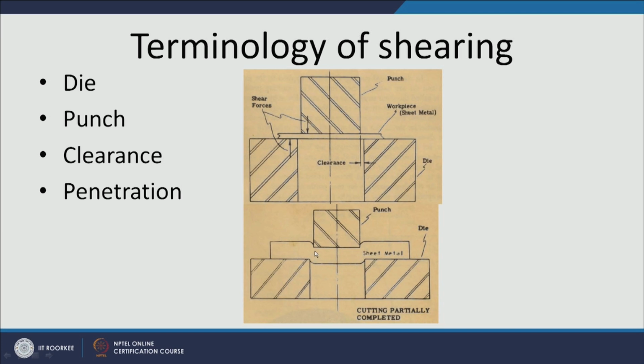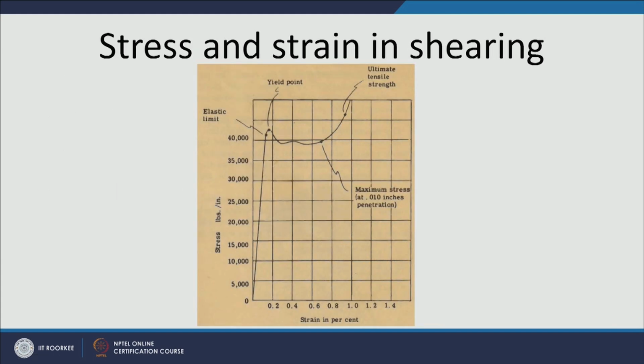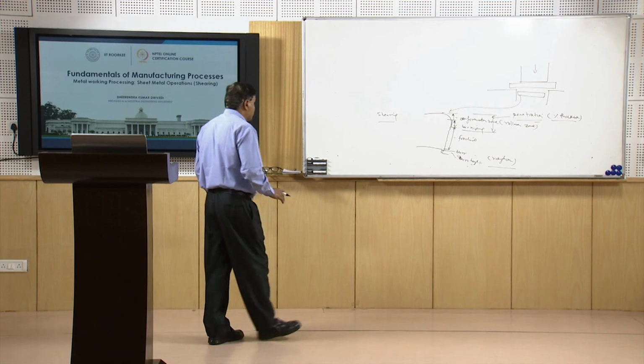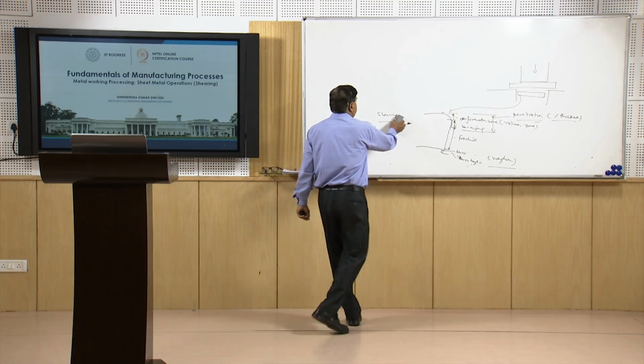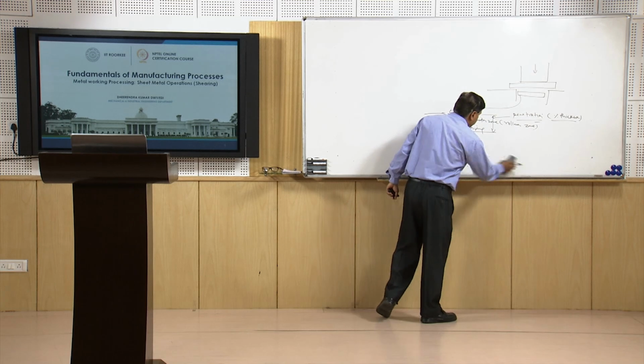This is what we can see, and this deformation leads to the development of compressive strains all along the circumference of the punch, and similarly the compressive strains are also induced all along the lower edge of the die. So, we see that compressive stresses are applied onto the sheet metal during shearing.